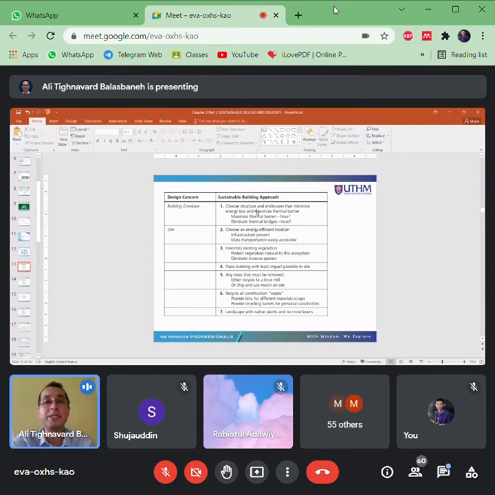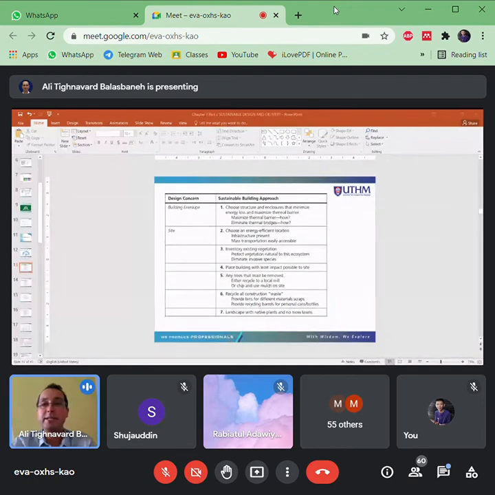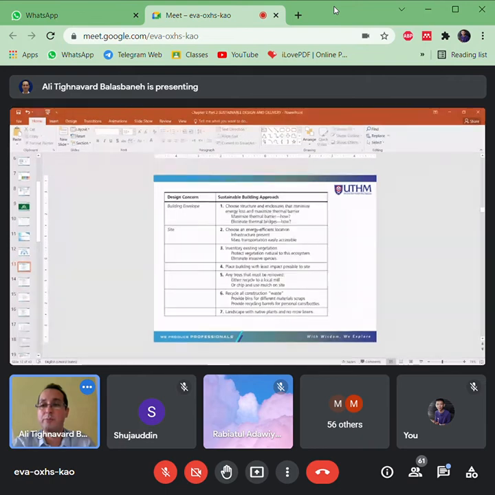That's the element related to the building envelope. So if you use better insulation, you get a better outcome.